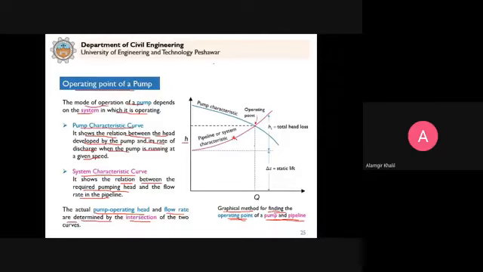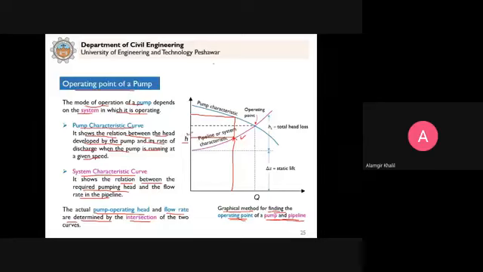Now, if we consider a point other than the intersection point, then the pump will not be suitable. How? For example, consider a point here. For this discharge, this is the head that is required by the system. But for this discharge, the pump is providing this much head.